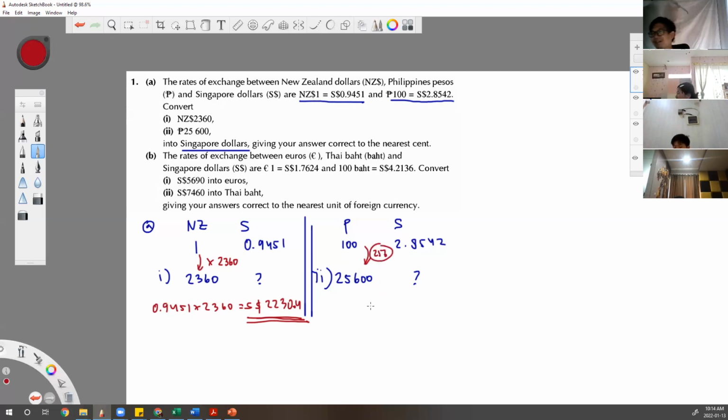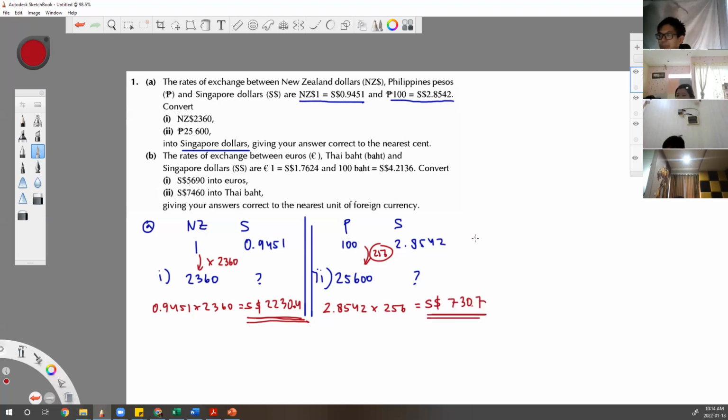Jadi 0 dicuekin. So 2.8542 times 256. The answer will be Singapore dollar of 730.67. Again, I do the rounding, so don't get confused.